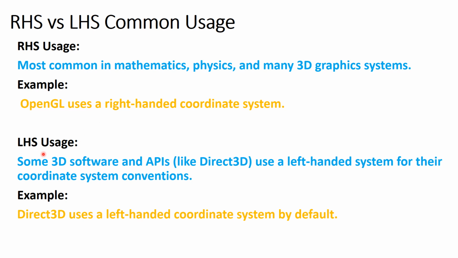For LHS, the LHS coordinate system is used in some 3D software and APIs like Direct 3D. Direct 3D uses a left-handed system for their coordinate system conventions. Yes, it is an example for an API that uses LHS as a default convention.